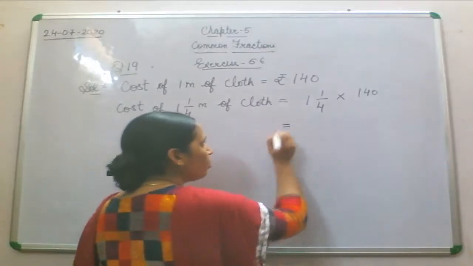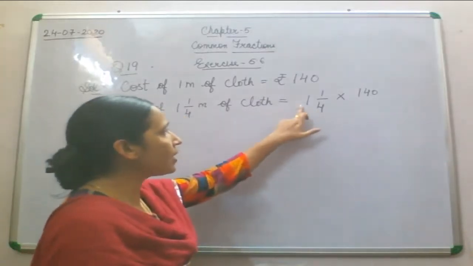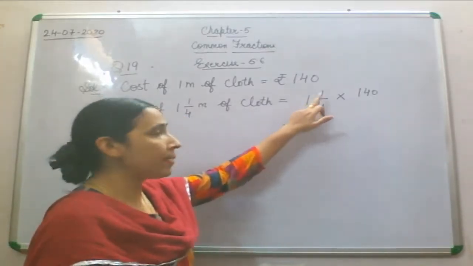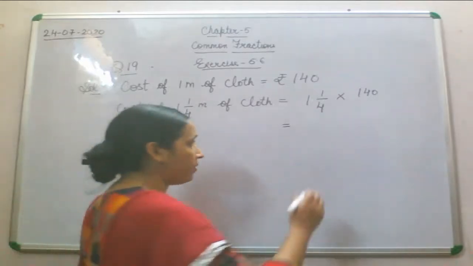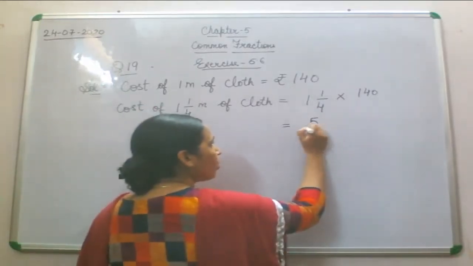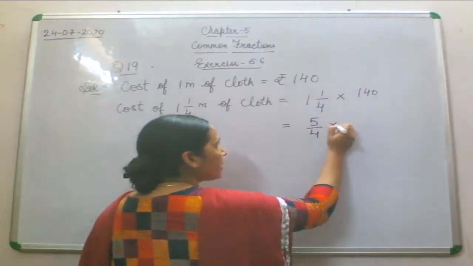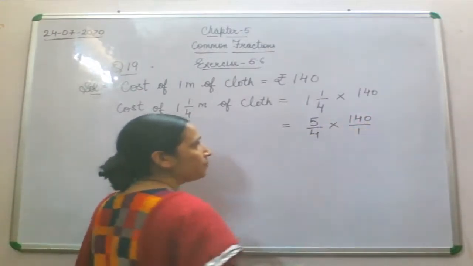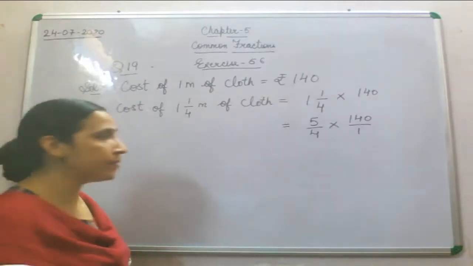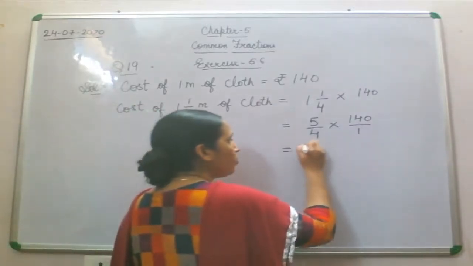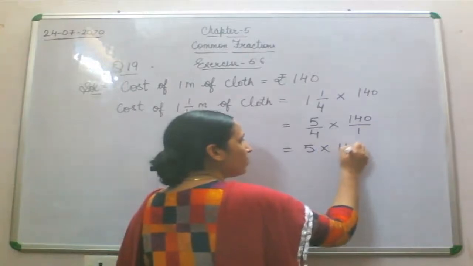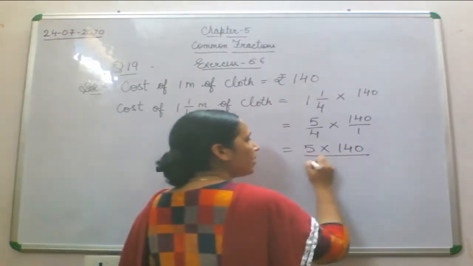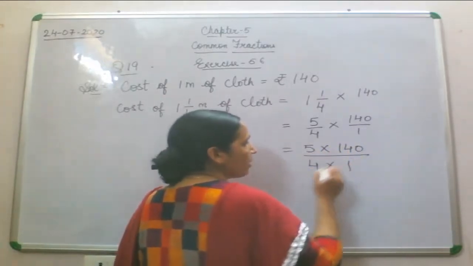So what we will do now? 4 ones are 4 plus 1, that will become 5. Now 5/4 will be multiplied by 140. Now here we will write 1. Now what is the next step? Now numerator will multiply by numerator and denominator will multiply by denominator.